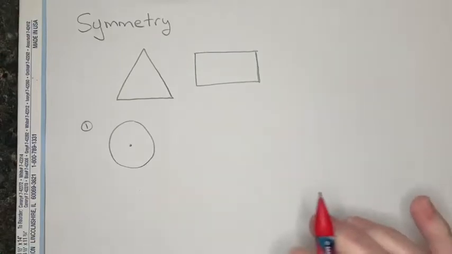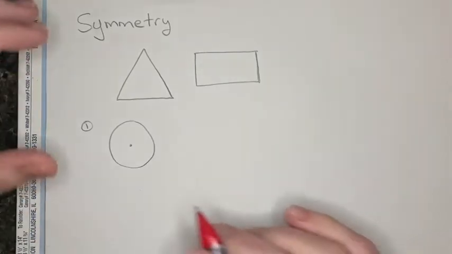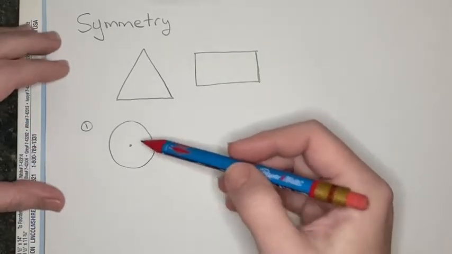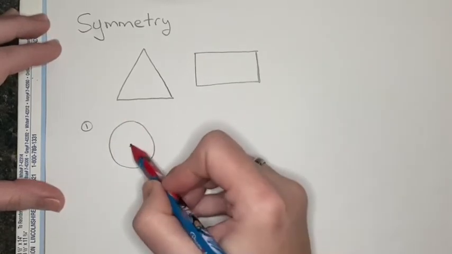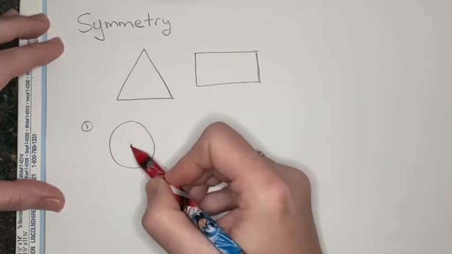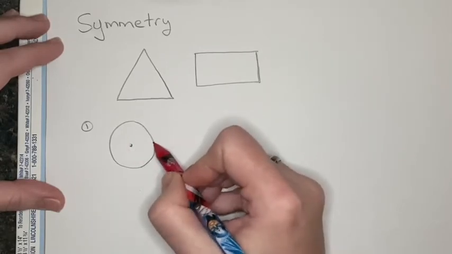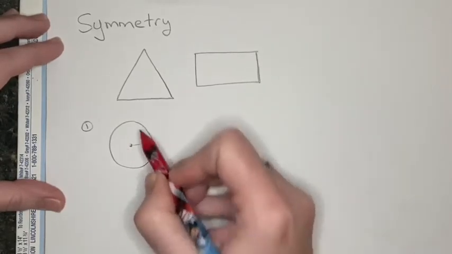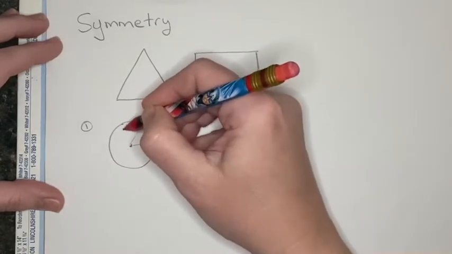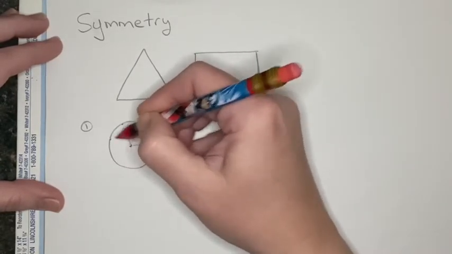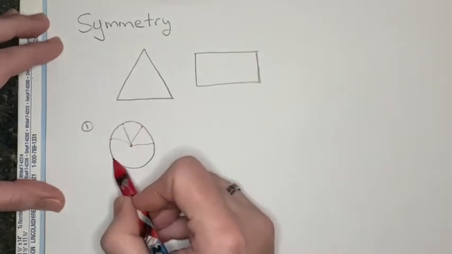Not that it's super symmetrical, but I'm a little bit better at it, okay? So, a figure with symmetry to a point means that each point on that figure is the same distance from the point that we're talking about. Okay, I'm talking about the center of this circle.